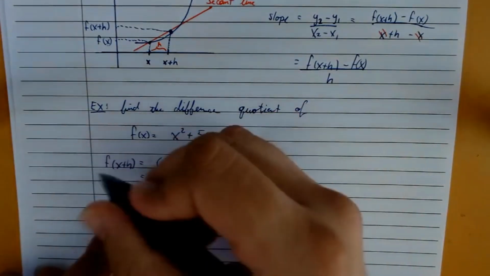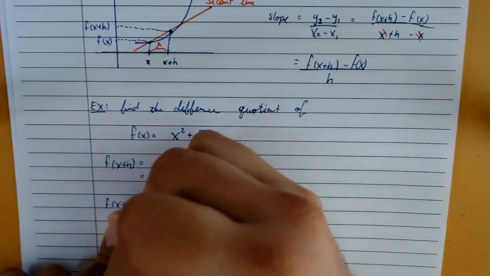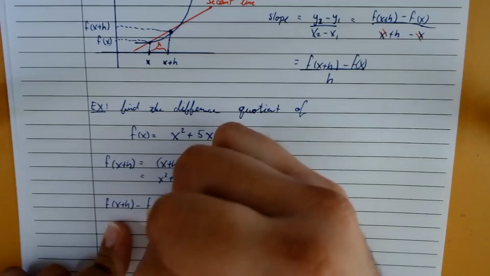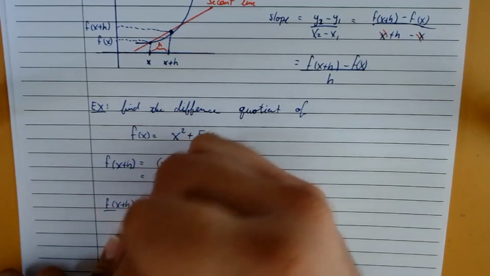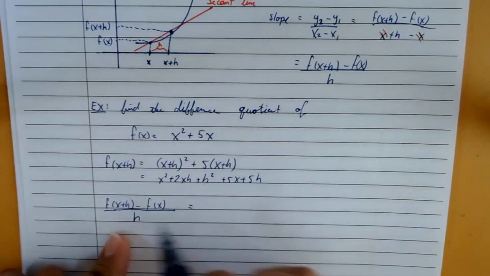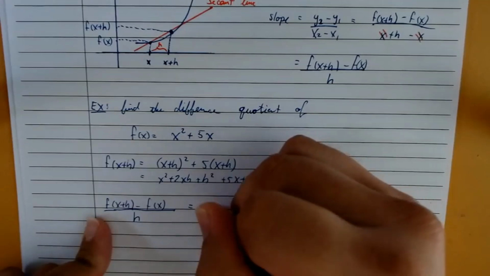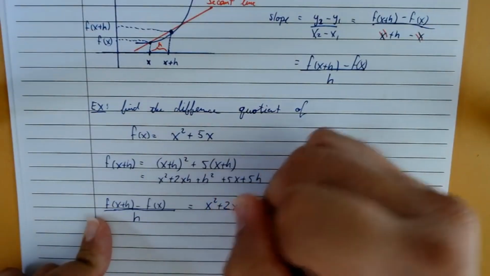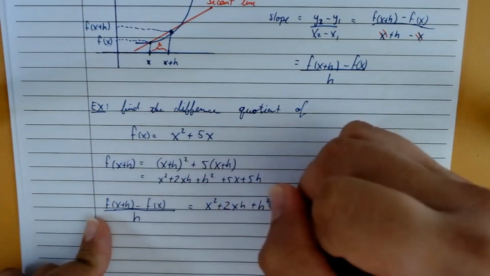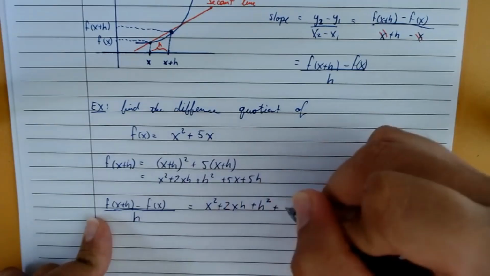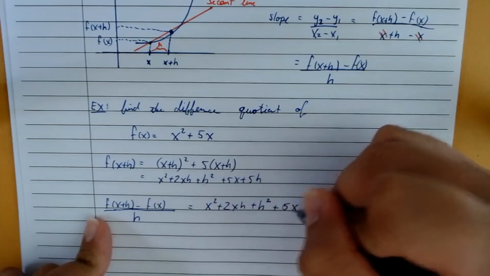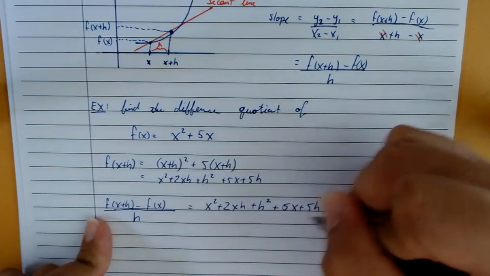Okay, so now the difference quotient is f of x plus h minus f of x over h. Well, we now know what all those things are. We know what f of x plus h is because we just found it. It's going to be x squared plus 2xh plus h squared plus 5x plus 5h.